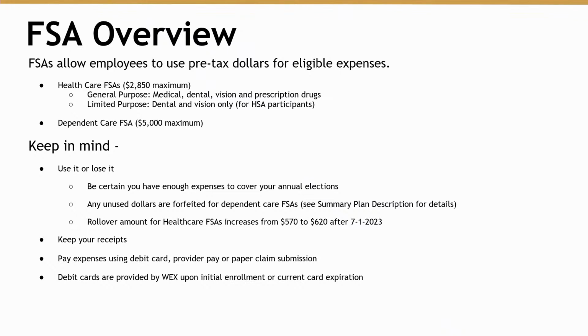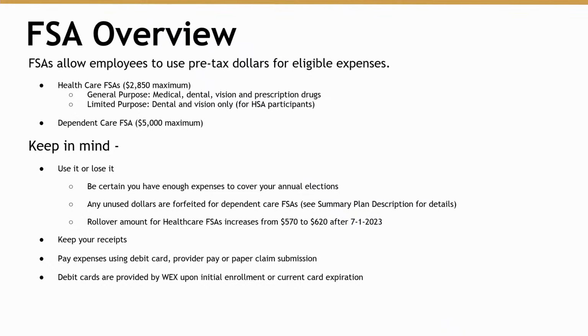You want to make sure that you have enough expenses to cover the amount that you're putting into your FSA, because any unused dollars for dependent care are forfeited, and any unused amounts over the rollover amount are forfeited. Again, keep your receipts. You can pay your expenses with your FSA debit card.